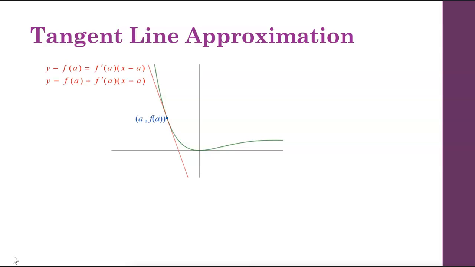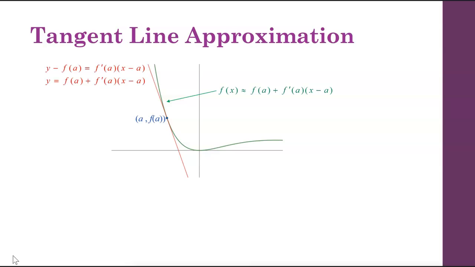That means, based on what we saw when we zoomed in, that the value of the function when I'm near the point (a, f(a)) is very close to the value of the line. And I can use the equation of that line, which is easier to evaluate. It's a linear equation, there are no exponents involved, to approximate the value of the function.